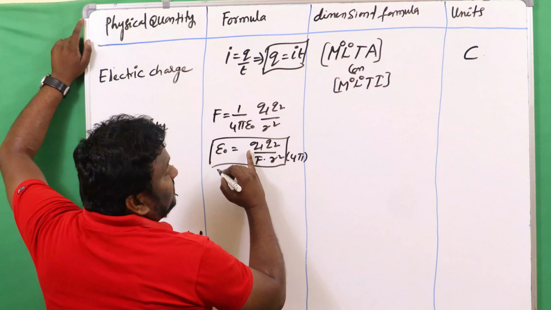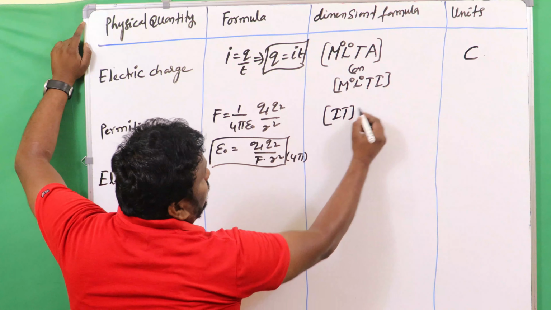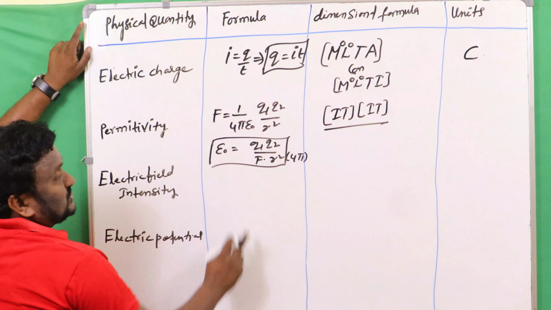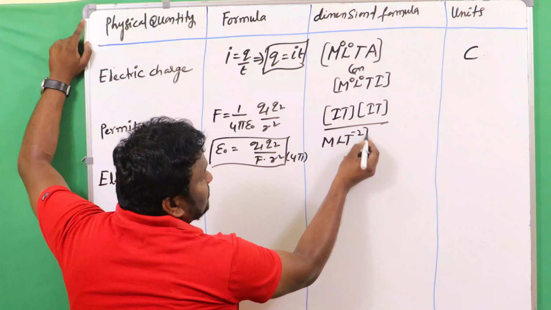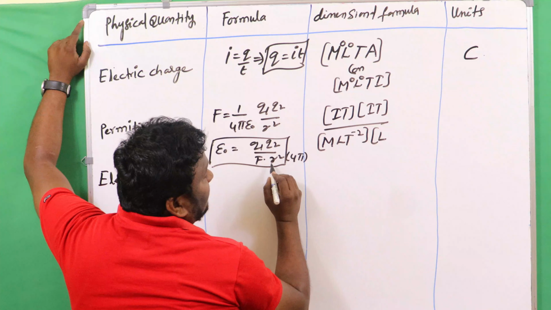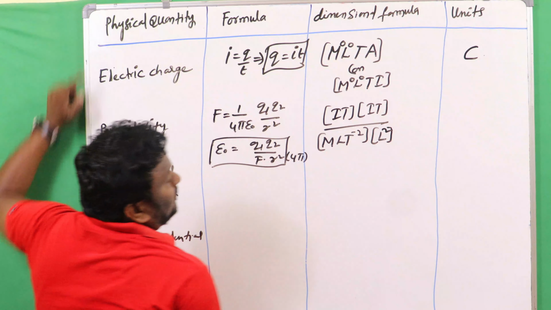What is Q here? Charge, which we can write as I T. Again the other Q is I T, divided by force. Force dimensional formula is M L T inverse 2. For distance, R is nothing but distance, L, so R square means L square.